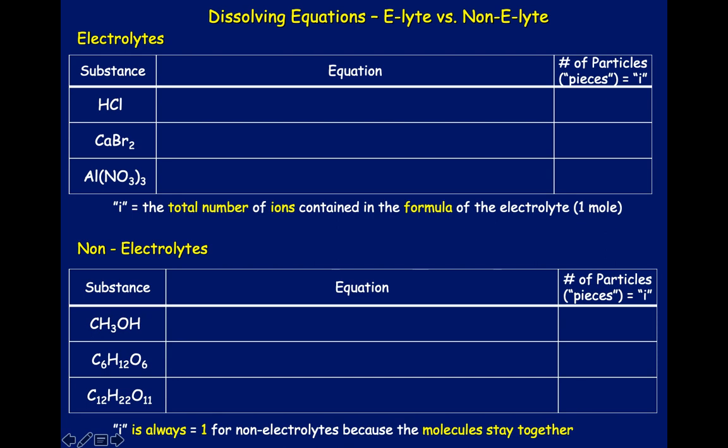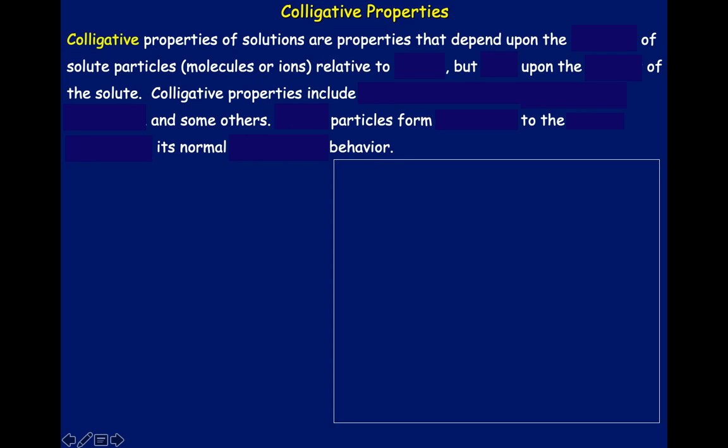Now, why do we really want to know about this and why do we care? Well, there's something called colligative properties, and that's really the subject for today. It's a strange name, but colligative simply comes from the word collective. Colligative properties of solutions depend on the number of solute particles, which could be molecules or ions, relative to solvent, but not upon the identity of the solute.